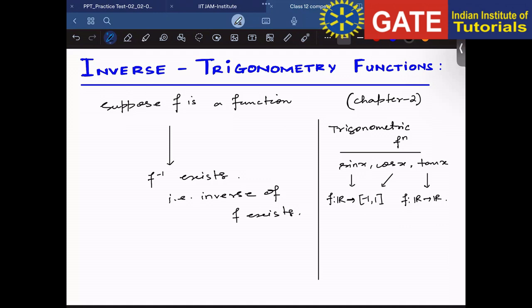What is the condition? In the last topic we learned that when a function was given, we defined its inverse. I had made you write it in a box.